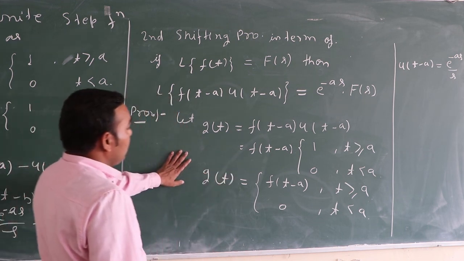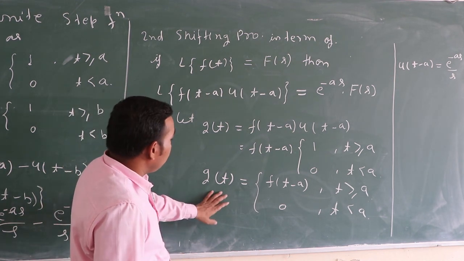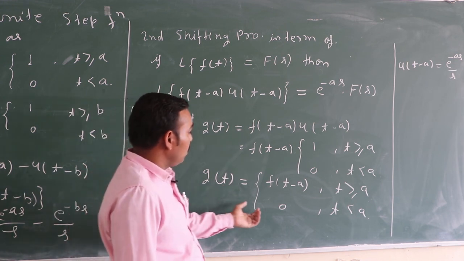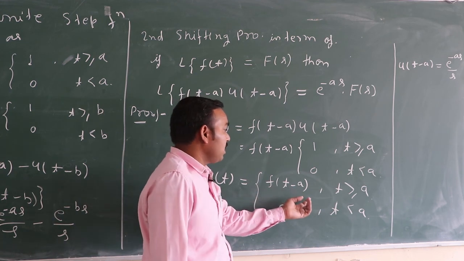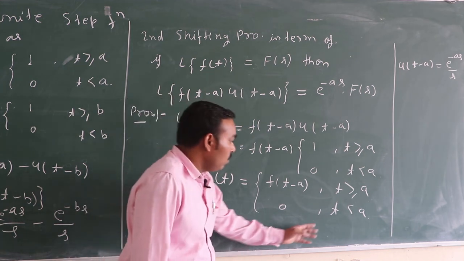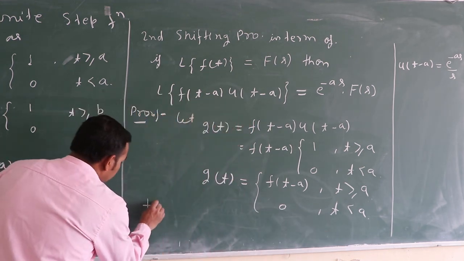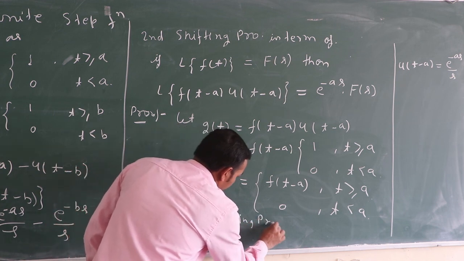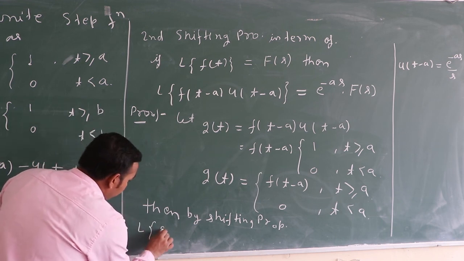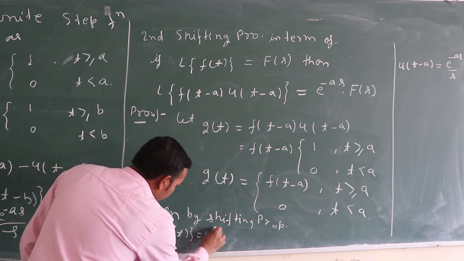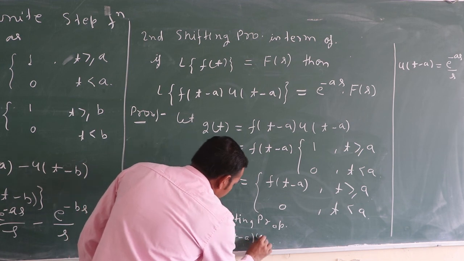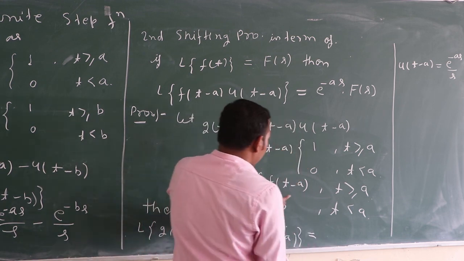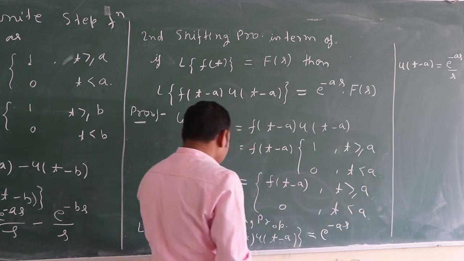As I said at the start, if Laplace of f(t) equals F(s), and we define a function g(t) in terms of f(t) such that g(t) equals f(t minus a) for t greater than or equal to a and 0 for t less than a, then by the shifting property, Laplace of g(t), that is Laplace of f(t minus a) u(t minus a), equals e to the power minus as times Laplace of f(t), meaning F(s).